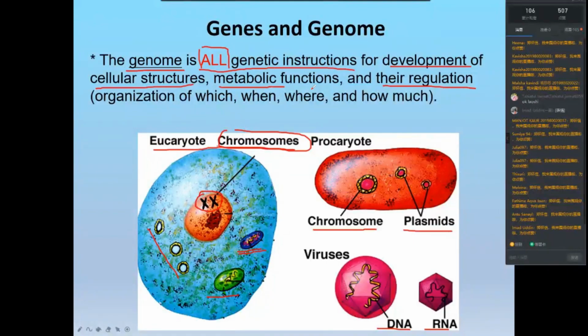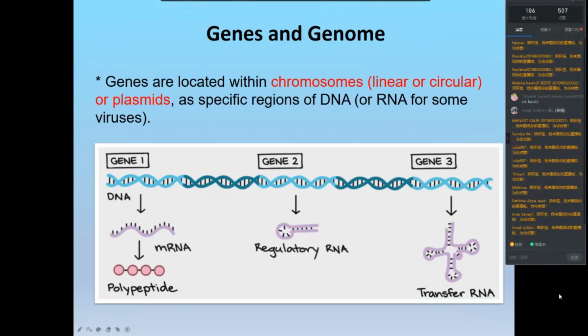The next, we'll talk about genes. So what are genes? We know this term, and almost everyone is familiar with genes, but it's not easy to define a gene, and a different definition might be different. Here we use this definition. So genes are located within chromosomes or plasmids.